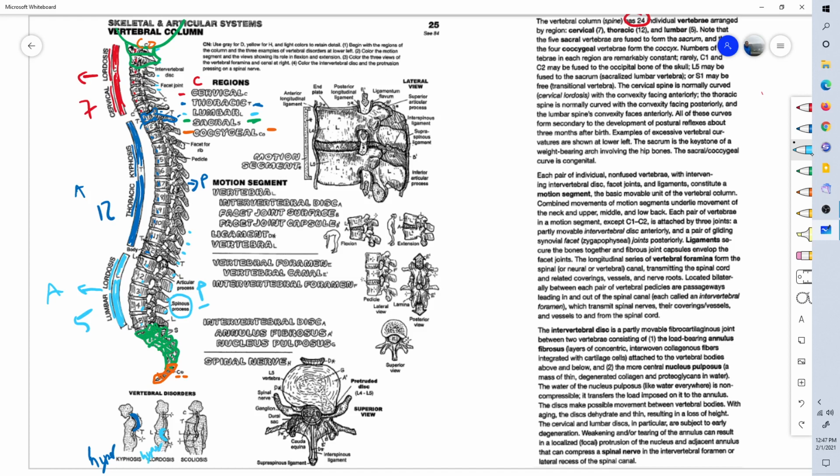Both of those occur in the sagittal plane, but you can see in the coronal plane here we have a scoliosis, the deviation in the coronal or frontal plane. It's the S curve you see on some individuals, and there's a test called Adams test.